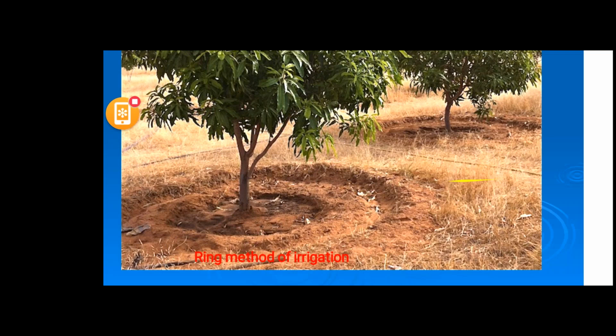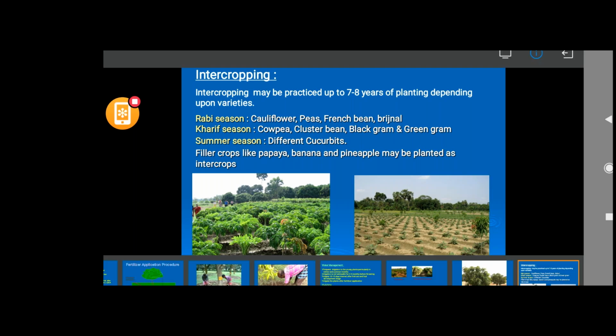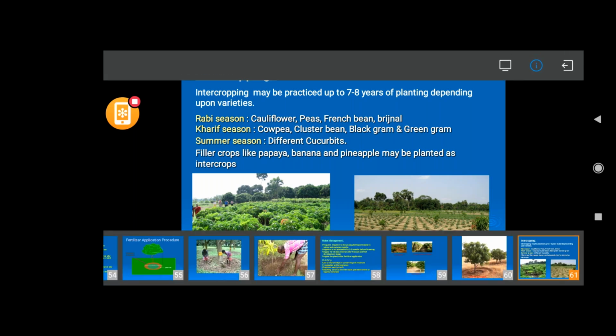Intercropping can be made, because in a mango orchard at least 4 to 5 years is required for commercial production.